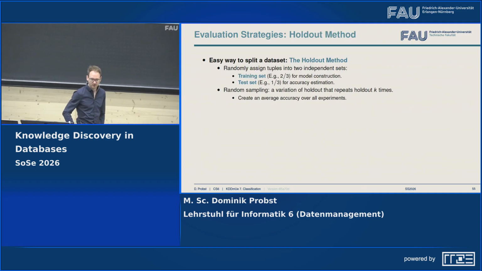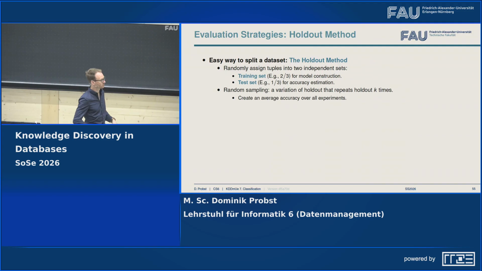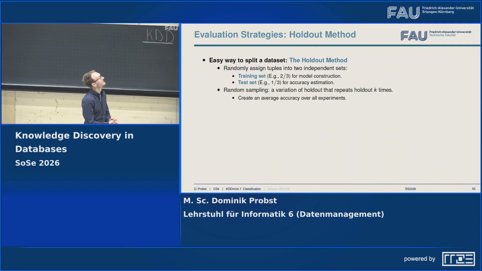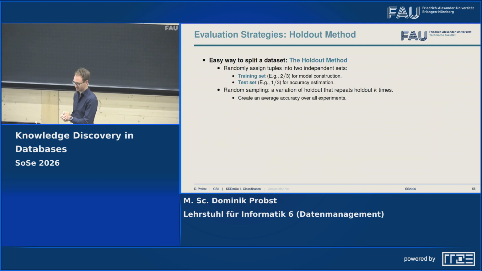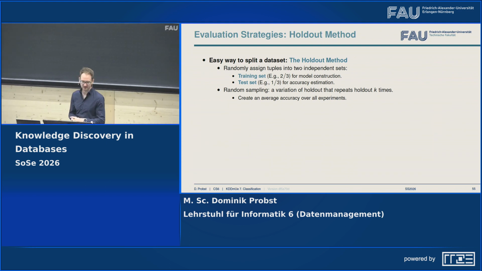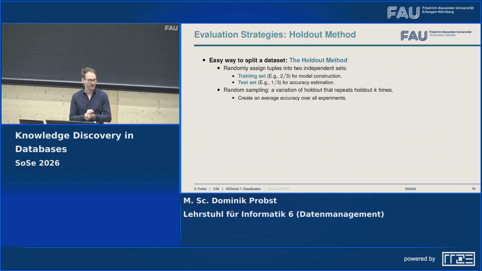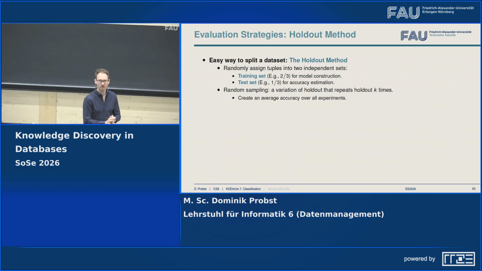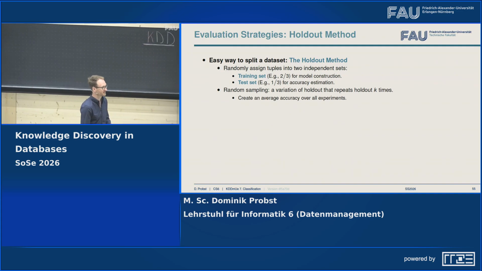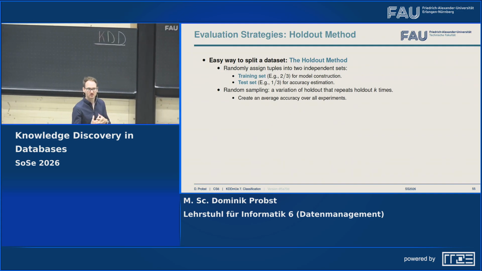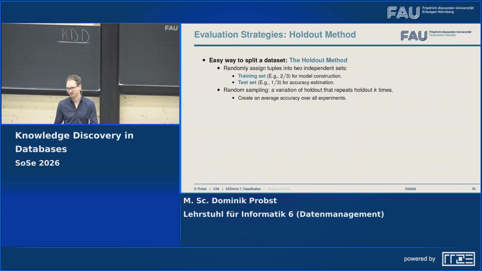Let's start with a method to split a data set into two different data sets. The holdout method is the simplest of these. We are simply taking a look at an original data set. All of these tuples in this data set have an attached known true class.